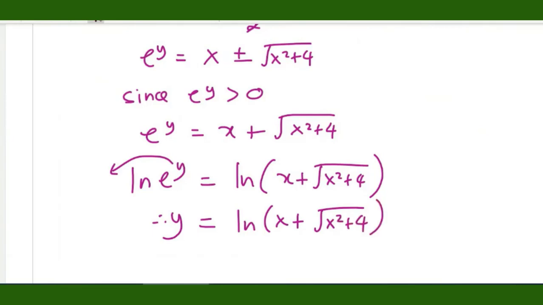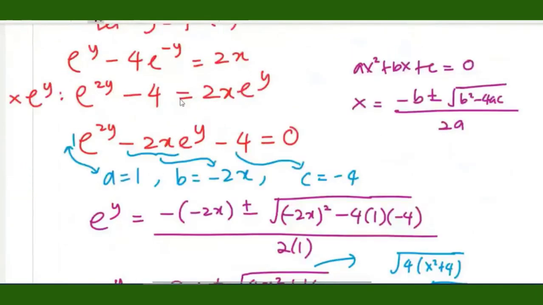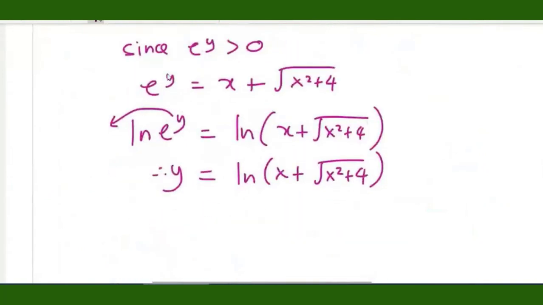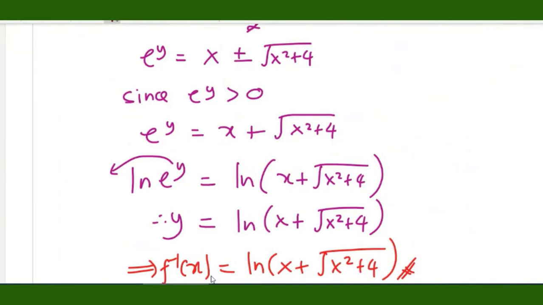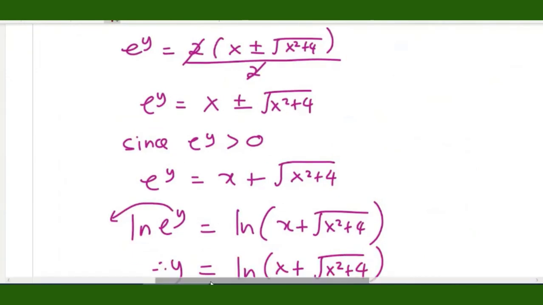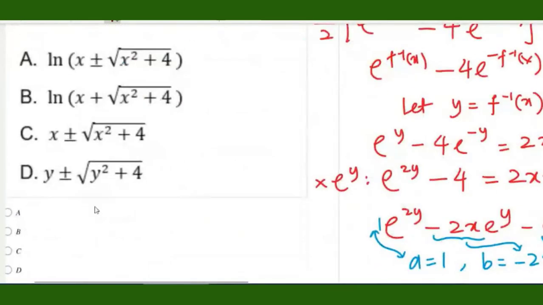And we have let just now that y is our f inverse, right? So finally, concluding, therefore, f inverse of x is ln of x plus the root of x squared plus 4. Therefore, the answer should be this one.